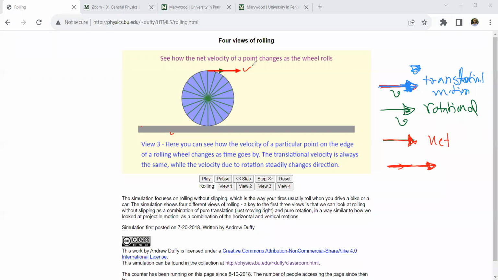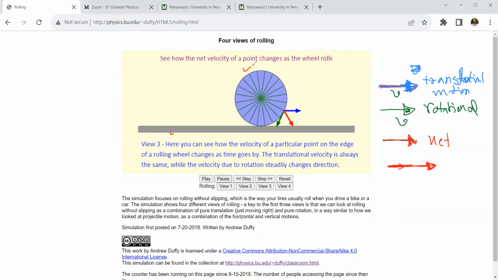Now if you look at the point of contact between the wheel and the ground, you will see a different thing. Here, when this point is in contact with the ground, the green and blue are opposite to each other.